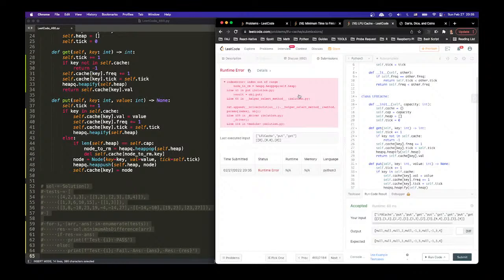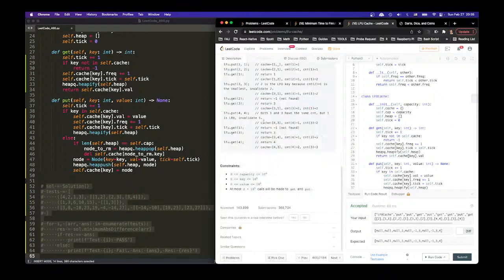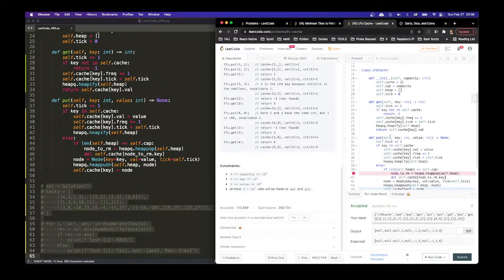Oh, nothing to pop. Hold up. What? What does this mean? Capacity can be 0. You gotta be kidding me.